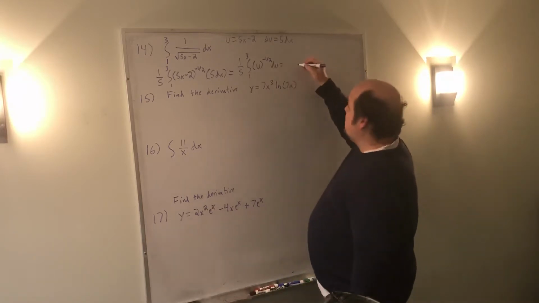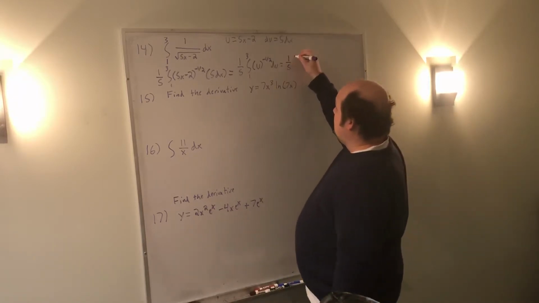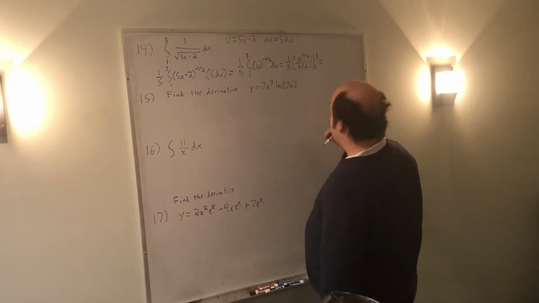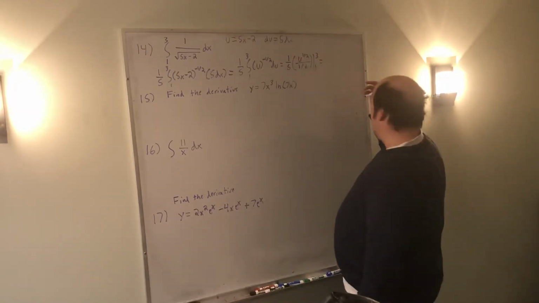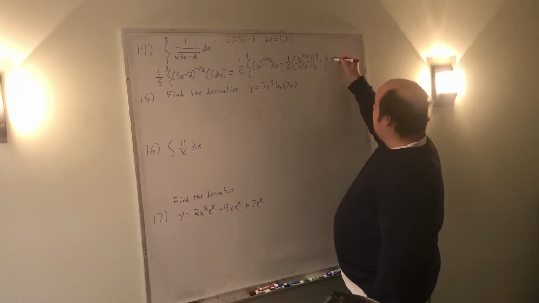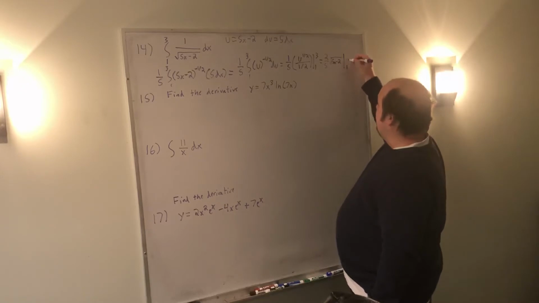That's going to integrate to 1/5 times u to the 1/2 divided by 1/2, evaluated from 1 to 3, which really, when I multiply by 2 over 1, is going to become 2/5 the root of 5x minus 2, evaluated from 1 to 3.